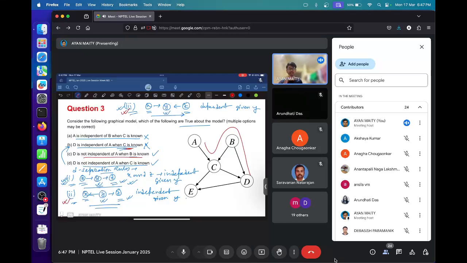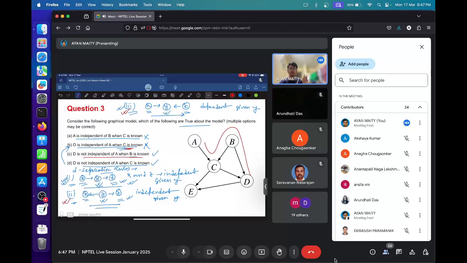So these questions are slightly difficult. You have to first understand the rules properly, and then you have to apply those rules on those Bayesian networks. You have to find all the paths between the two nodes for which you want to find independence, and for all the paths you have to apply these three rules and find out whether the paths are blocked or not.